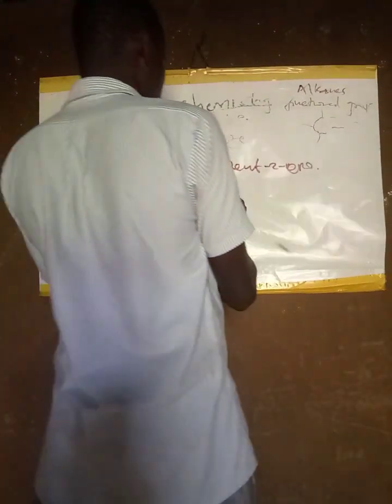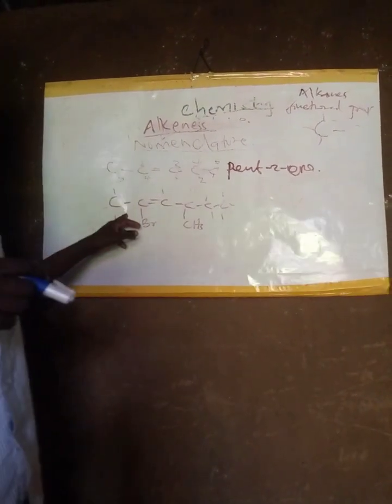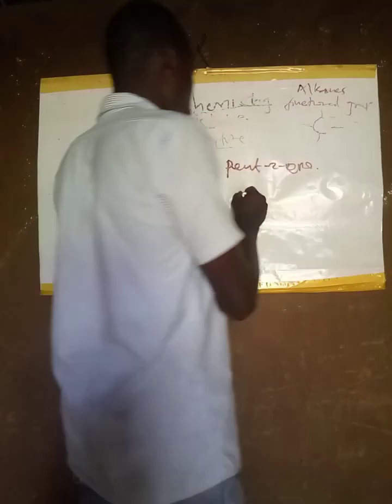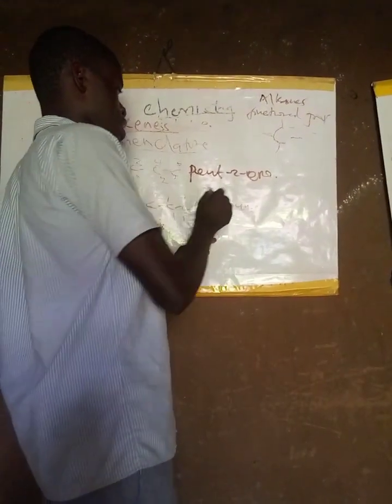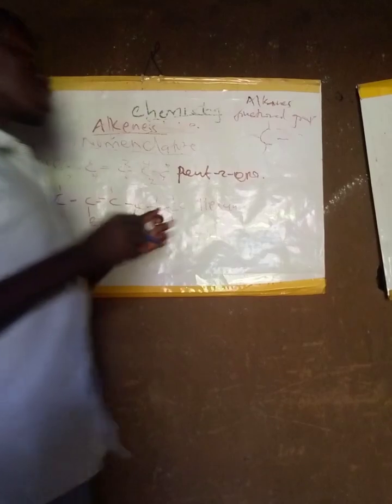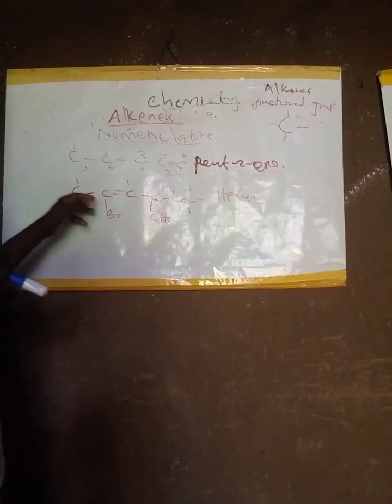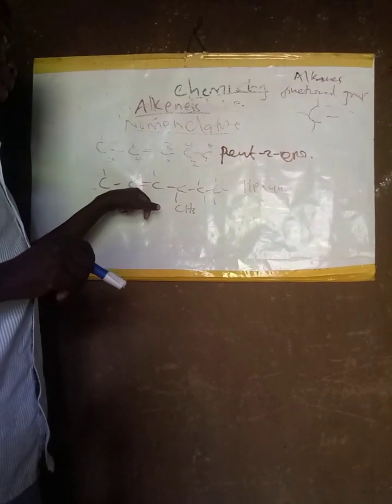When you start counting from this side, it is 1, 2, 3, 4, 5, 6. So that is now hex, hexane. That is now the parent name. Then you give the double bond a priority. So we start from this side, 1, 2. The double bond is attached on carbon number 2.